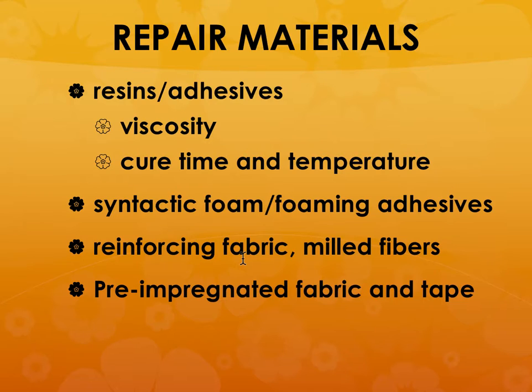The other common kind is you add syntactic foam or foaming adhesives into the resins, and then you make it into some kind of thick gooey stuff, and then you just patch it into the damaged area. Or you may take reinforcing fabric, a pre-preg fabric, or you take milled fibers and add it to the resins, and then you can again patch it into the damaged area. The other kind would be pre-impregnated fabric and tape.